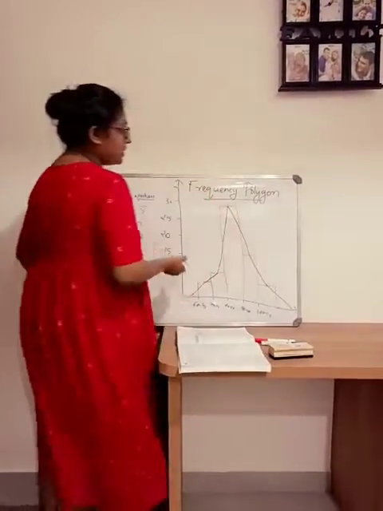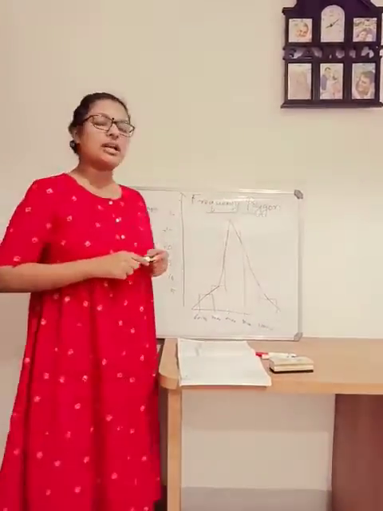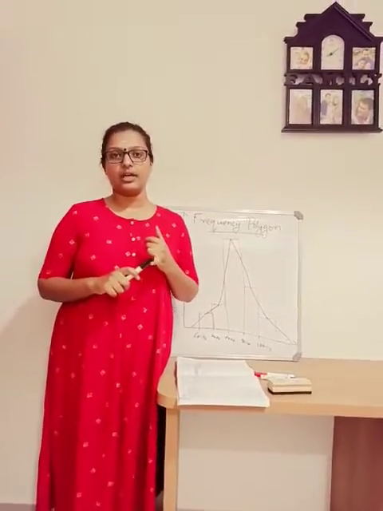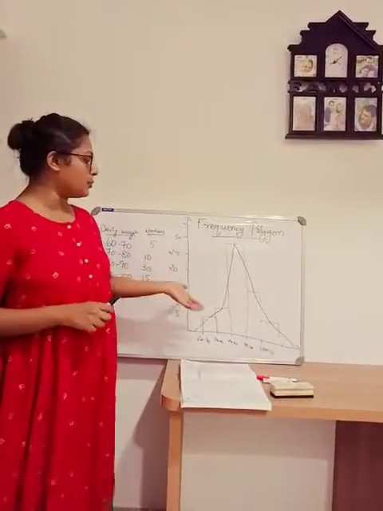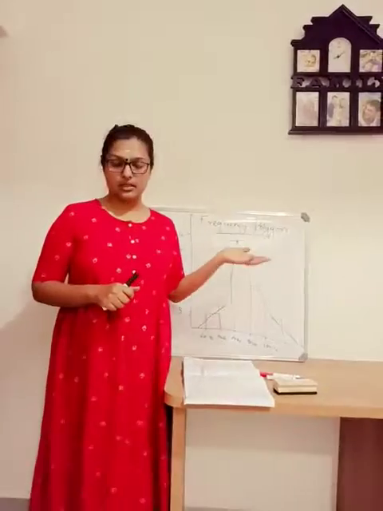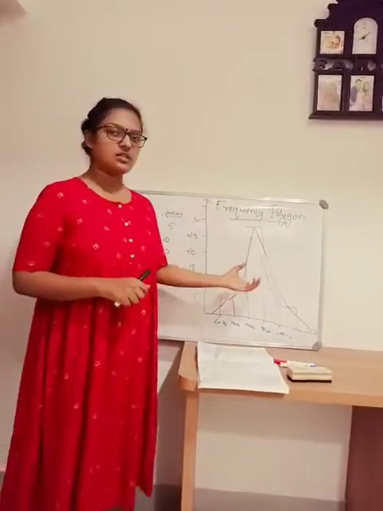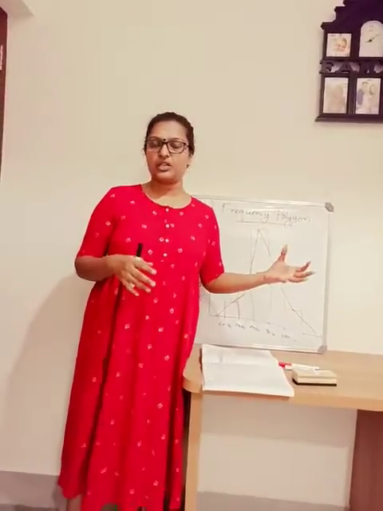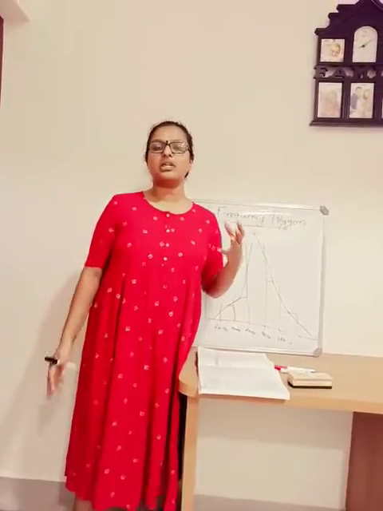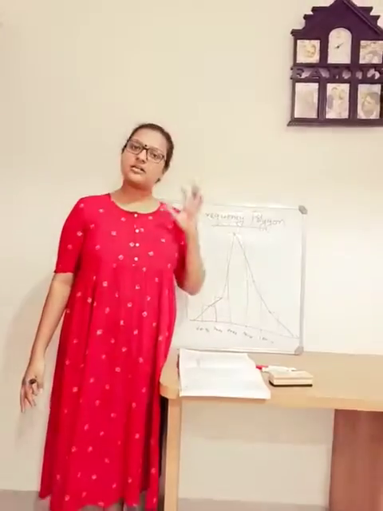I hope you got the idea of the histogram. A histogram means the bars connect with each other. You don't have any gaps in between the bars like in a bar diagram. That is the only difference.